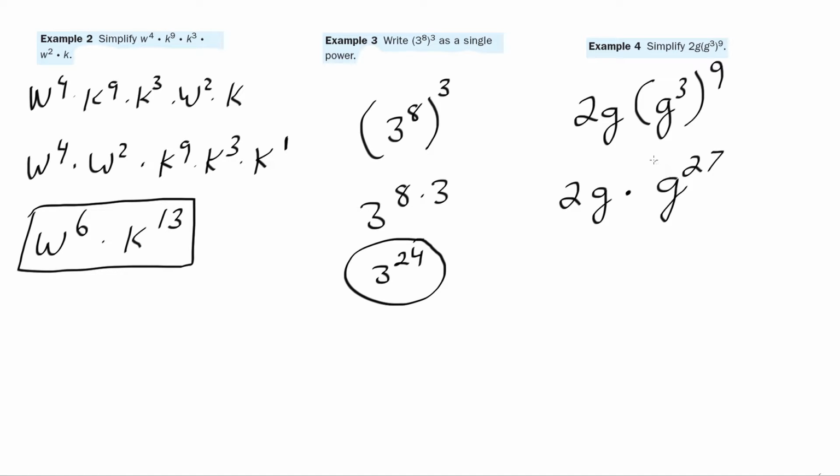Now I have g times g to the 27th, so that's going to be my product of a power. So that's just 1 plus 27, so it's 2 times g to the 28th power. 27 plus 1 is 28.